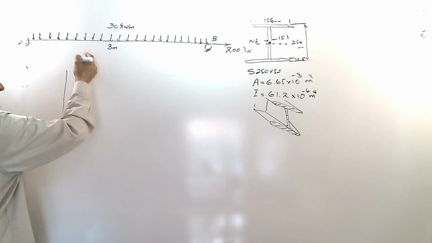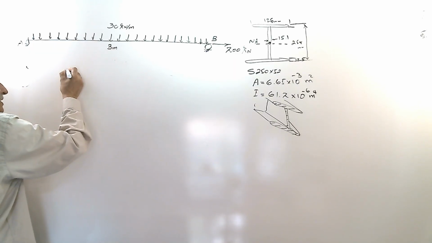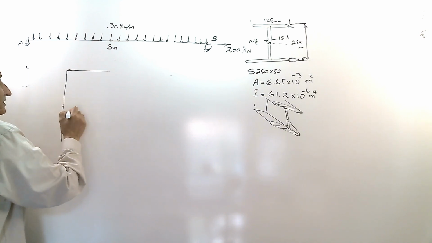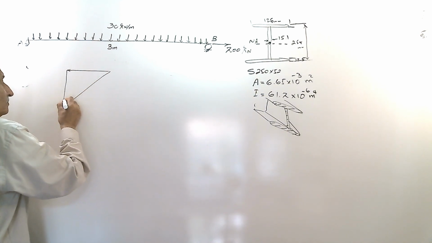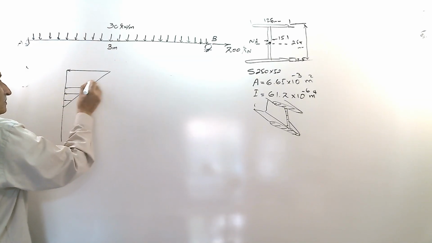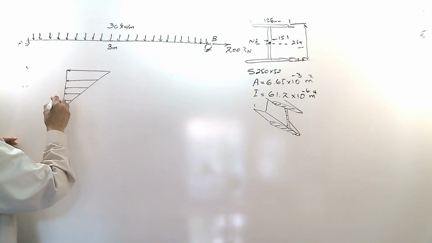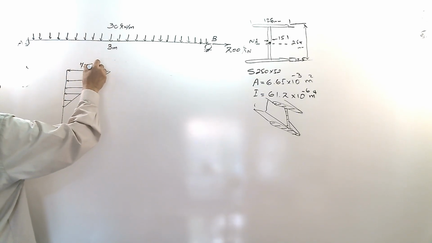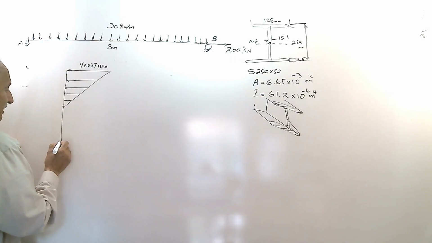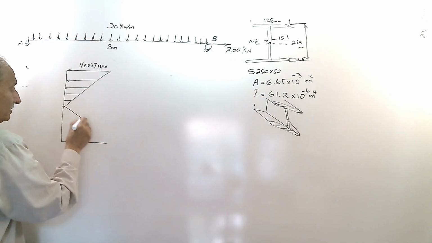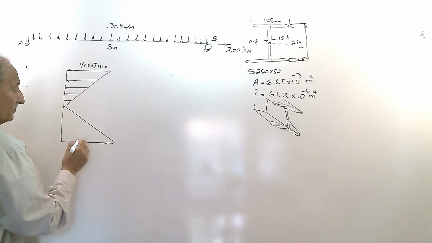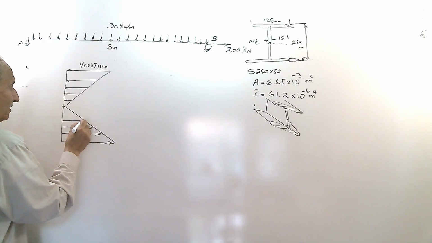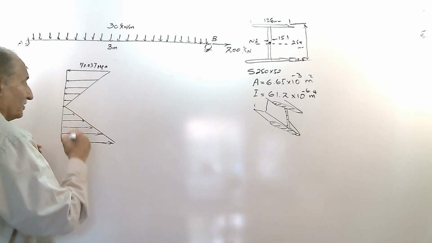Because it is compressed at the top, we have compressive stress here and neutral axis zero. And this amount is 70.037 megapascal. And here in the bottom flange, we have a tensile stress, axial tensile stress, which is the same one.